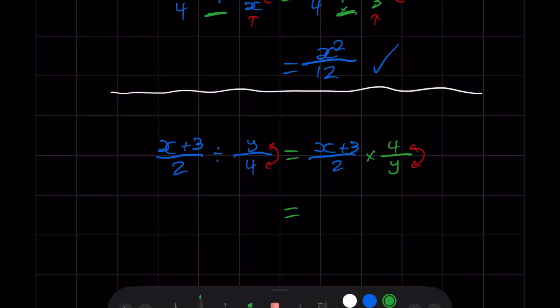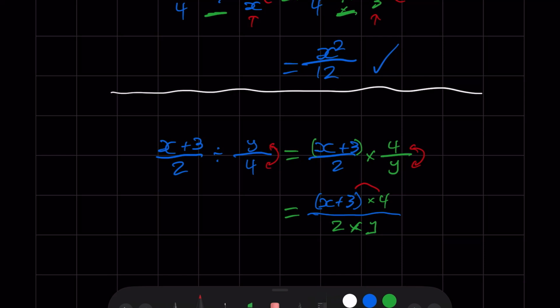Remember, please, to put this into brackets. When we're multiplying, adding, subtracting, put anything like this, anything that is two terms where it's adding or subtracting, please put it into brackets. Because our job now is to go (x plus 3) times 4 over 2 times y.